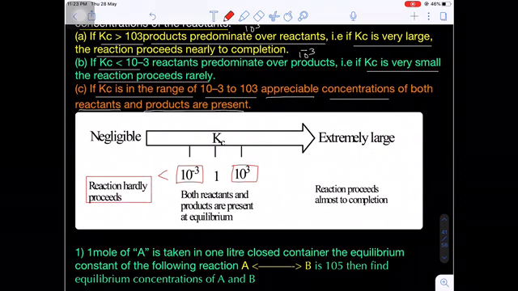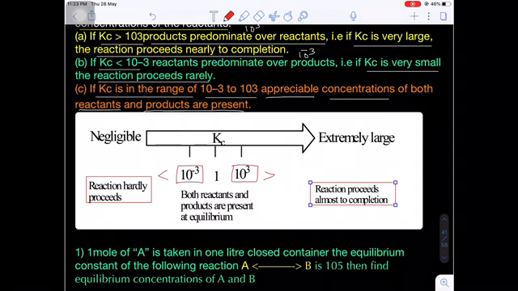That means almost only reactants are present and products are negligible. If the equilibrium constant value is greater than 1000, then the reaction proceeds almost to completion. That means almost all products are obtained, with negligible reactants.